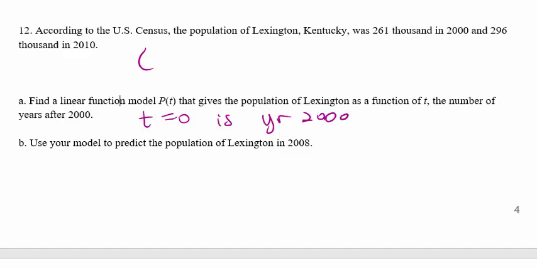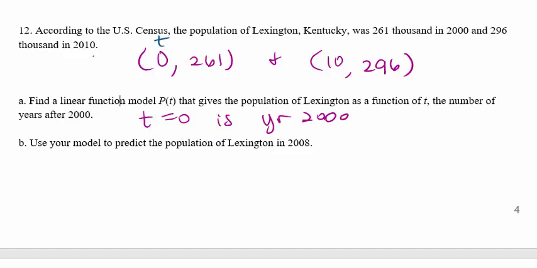Okay, and then we can refer back to that starting year to write some ordered pairs. So in 2000, the population was 261,000. And in 2010, which is 10 years later, the population was 296,000.